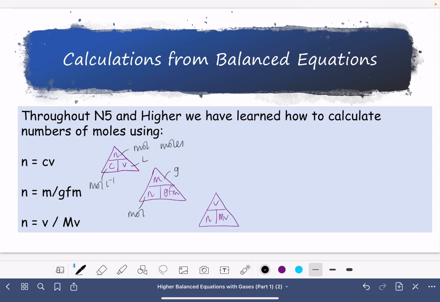Gram formula mass would be grams per mole, but we usually just leave it blank, or technically we could write atomic mass units, but we don't need to worry too much about the units for that. Volume is in litres, number of moles is in moles, and molar volume would be in litres per mole.